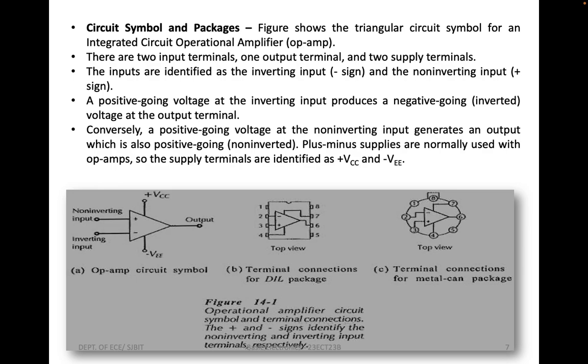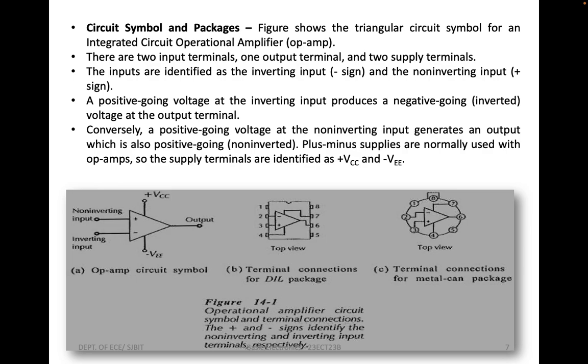A positive going voltage at the inverting input produces a negative going voltage at the output terminal. Conversely, a positive going voltage at the non-inverting input terminal generates an output which is also positive going, that means non-inverted.